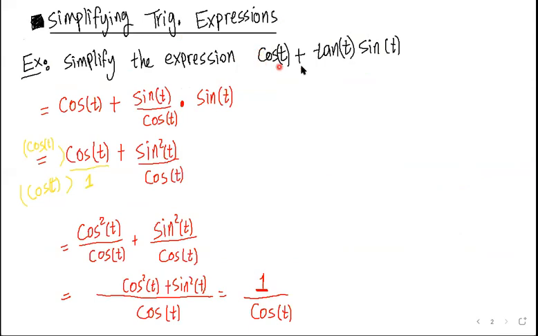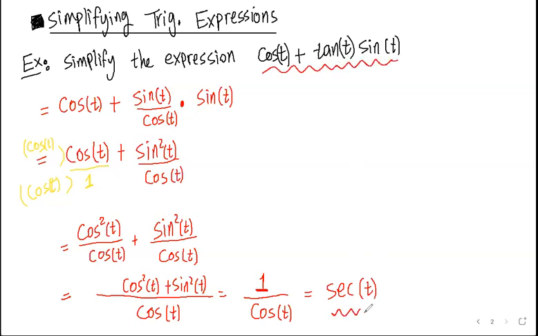So I can change the expression to a different form by simplifying and using the identities from before. Is it clear? And what is 1 over cosine equal to?